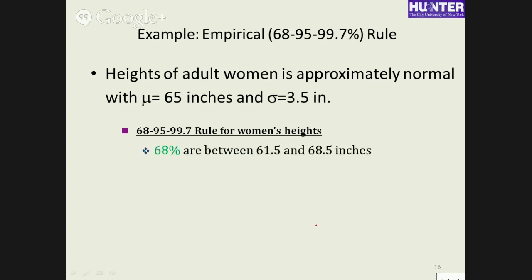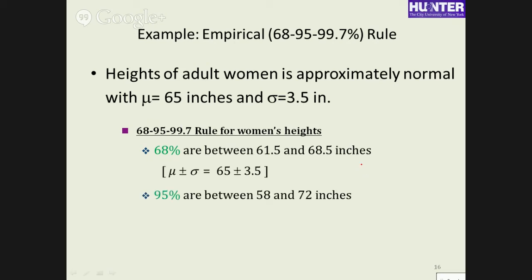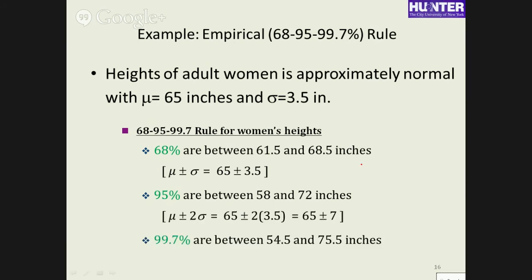We find 68% are between 1 standard deviation, so 65 plus or minus 3.5, and 95 between 58 and 72, and 99.7 between 54.5 and 75.5.